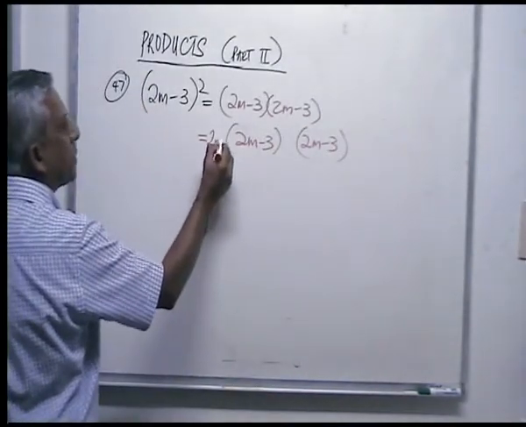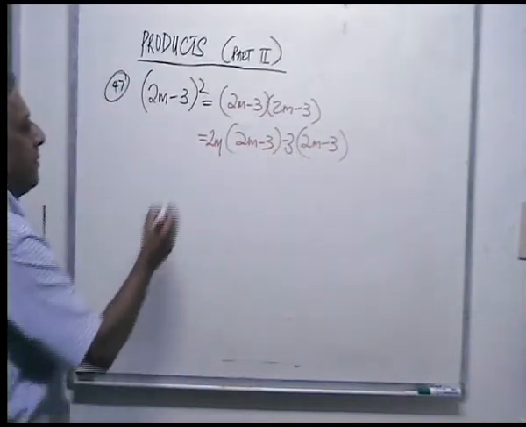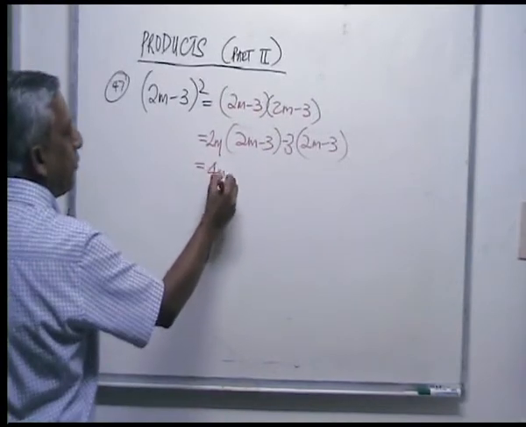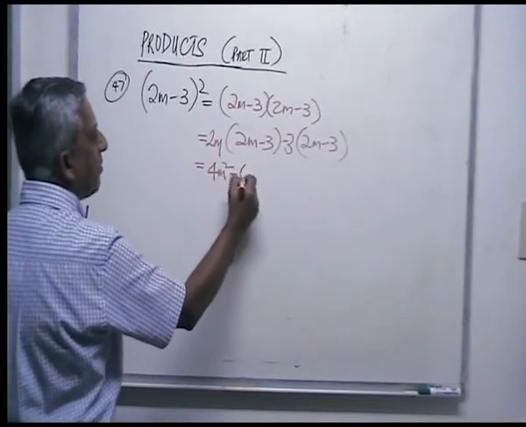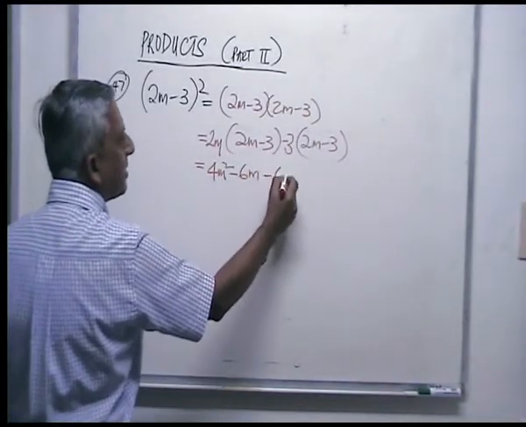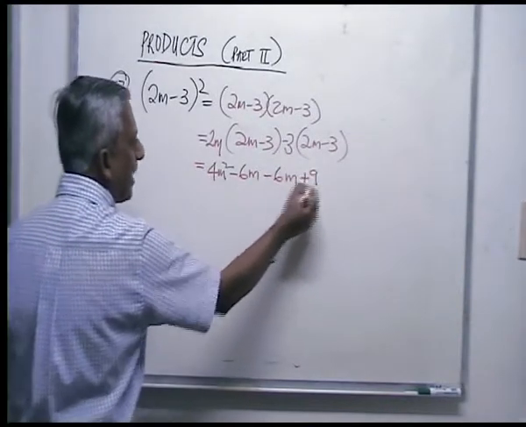And in the front here you have 2m. In the middle here you have minus 3. Now 2m times 2m gives you 4m squared. 2m times minus 3 gives you minus 6m. Minus 3 times 2 gives you minus 6m. Minus times minus gives you plus 9.